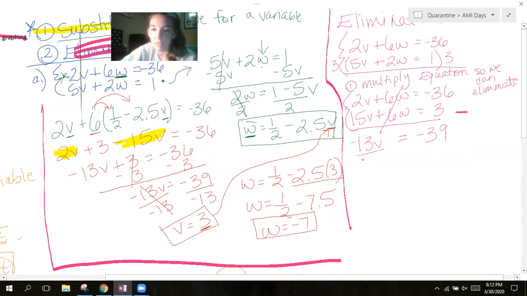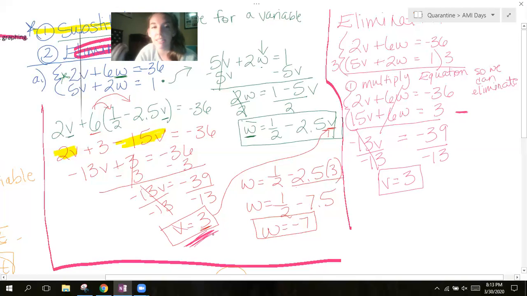And then I just solve for v. I divide both sides by negative 13. Those cancel, and v equals negative 39 divided by negative 13, and that gives me 3. Okay, v equals 3.